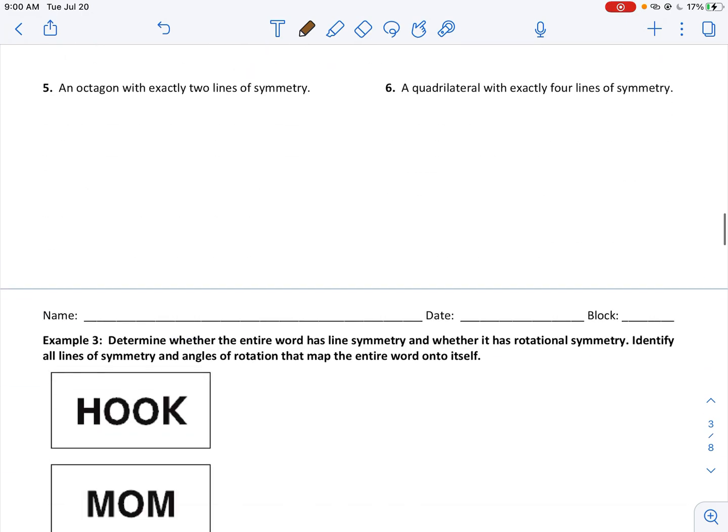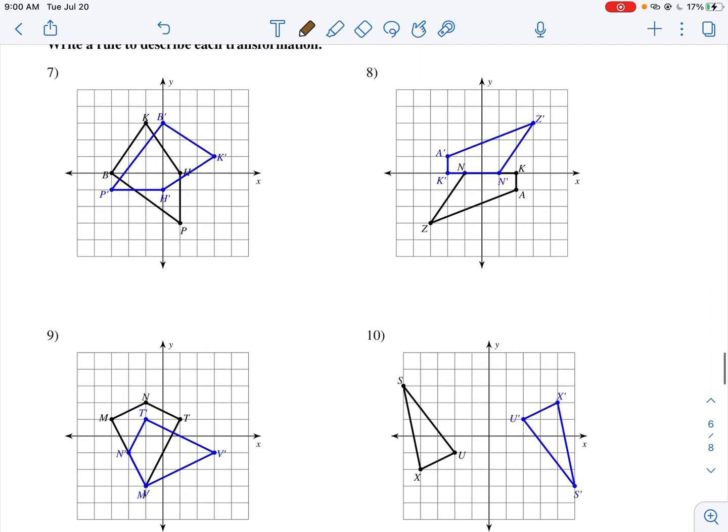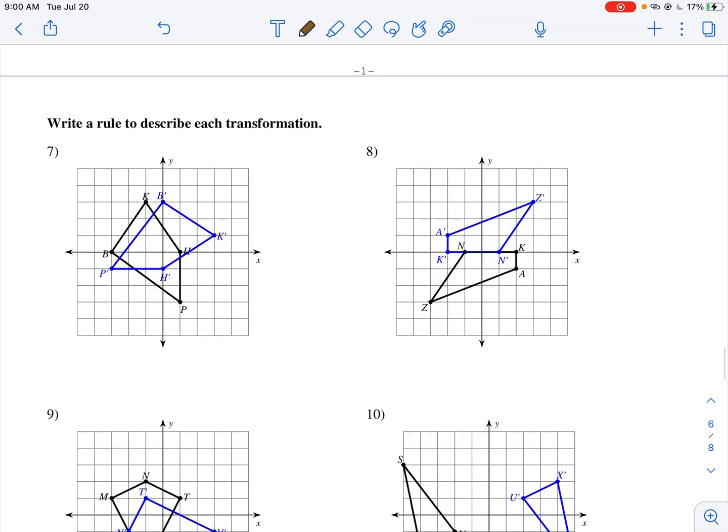Okay, so we're skipping those. So then you just do this. This is your work. And this one, you have to tell me what the rule is. So this went from here to here, so it only went 90 degrees. So we switch these 2 around, and that's negative.